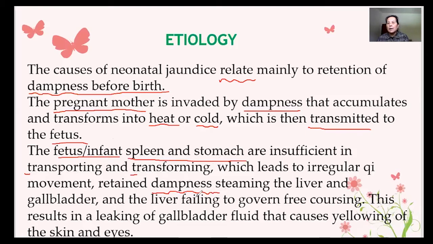Especially dampness steaming to the liver and gallbladder causes the yellow color. That's a kind of bile color, yellow color. But for TCM, yellow color belongs to the spleen. The spleen's transformation and transportation function is different and results in flooding. So that basically causes the yellow color on the skin and on the eyes.